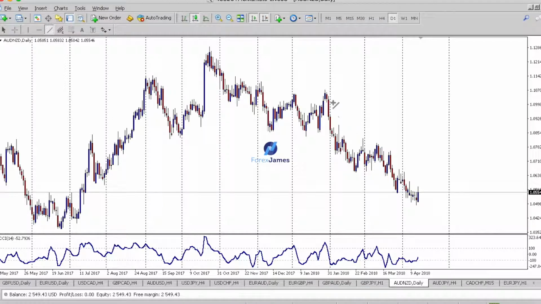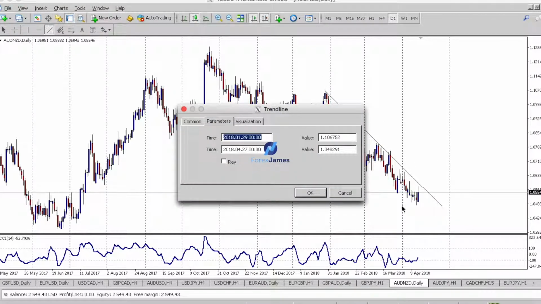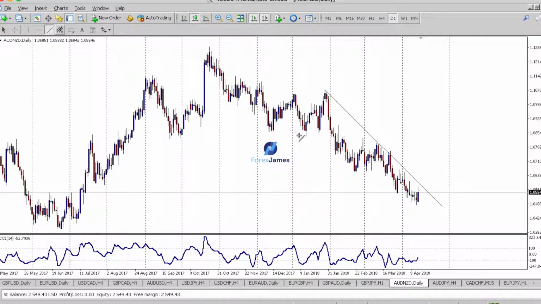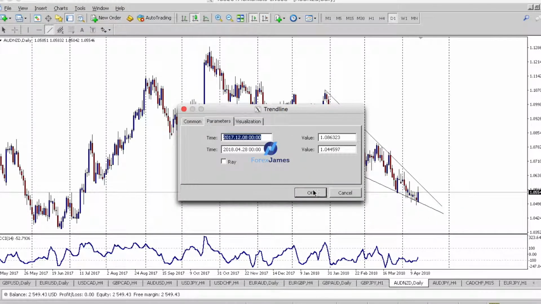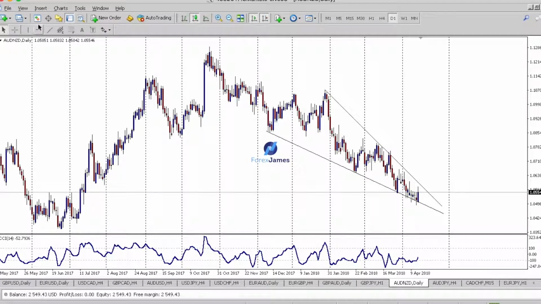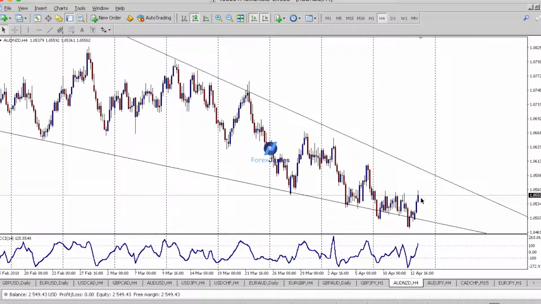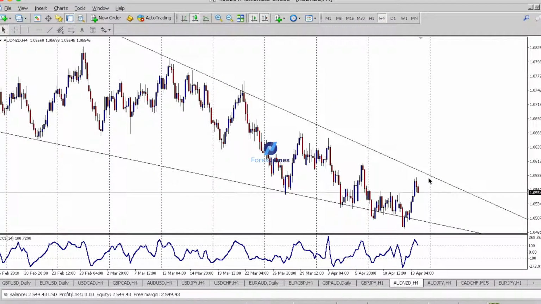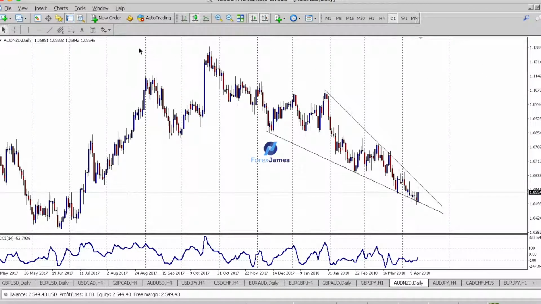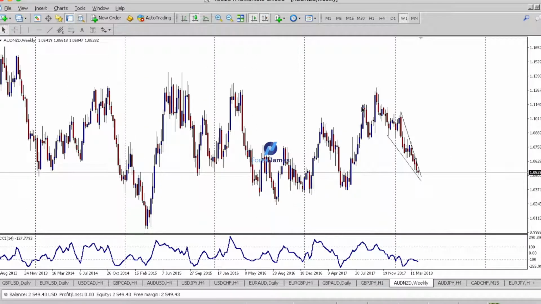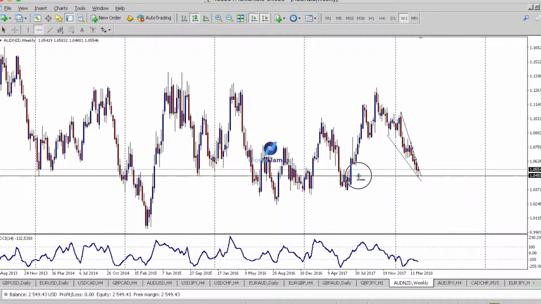Okay, this one here. This is a reversal pattern. It may make another move up and then down before it breaks. That's my take. Where we are right now, we can call this a PRZ.